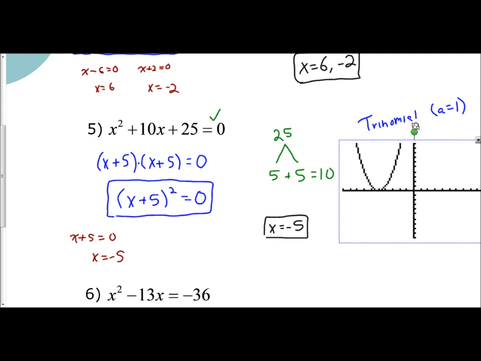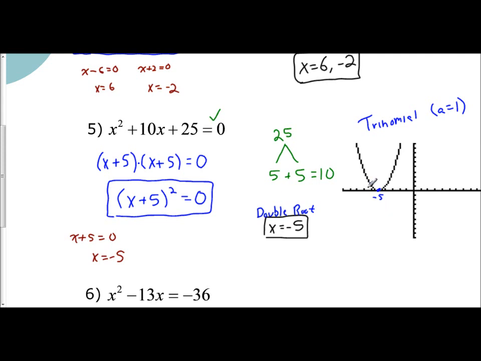We call that a double root, a double solution, a double x-intercept, but it's referred to as a double root. It means that answer actually does occur twice. When you see on the graph that it bounces off that point and goes back in the other direction, that means that answer of -5 actually occurred two times.